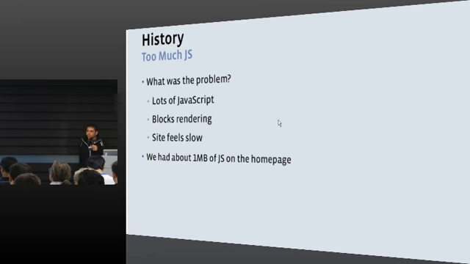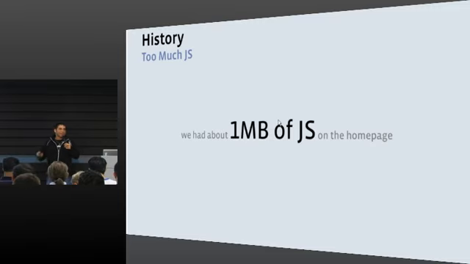If we have a lot of JavaScript in the head of the document, everybody knows what that means. The page is going to feel slow. Rendering is going to be terribly slow, and users are going to be unhappy. At one point, we had like a meg of JavaScript in the head of our document. A megabyte of JavaScript.